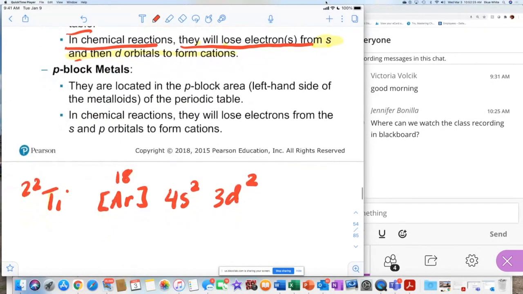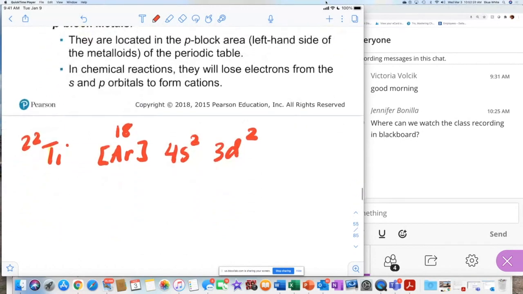Okay? Yeah, this makes 22. So let's say we're trying to make titanium lose 2 electrons. That's what this is saying, right? Titanium loses 2 electrons. So if it loses 2 electrons, it doesn't have 22 anymore. Now it just has 20.